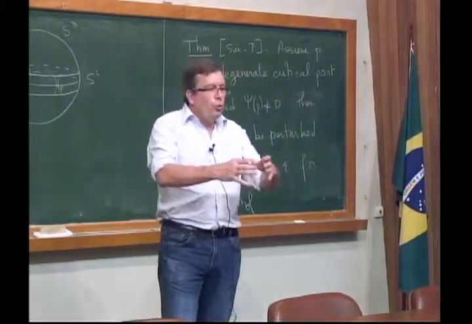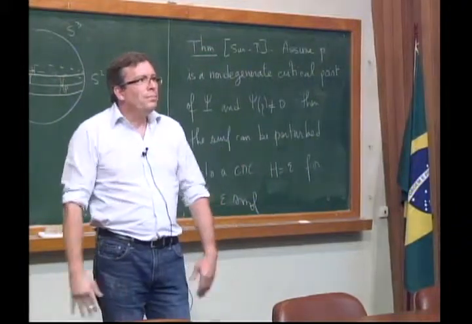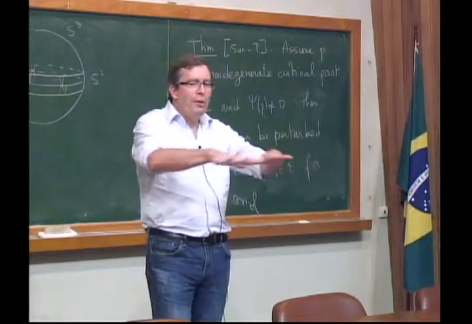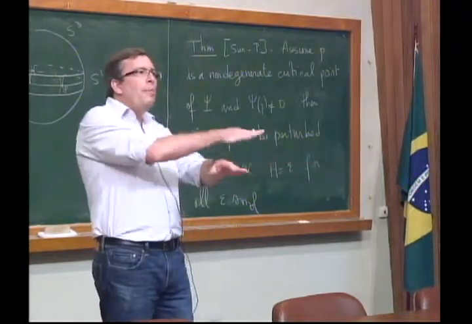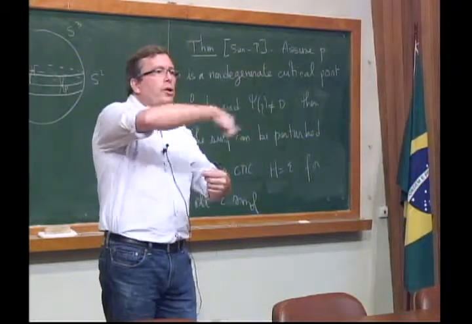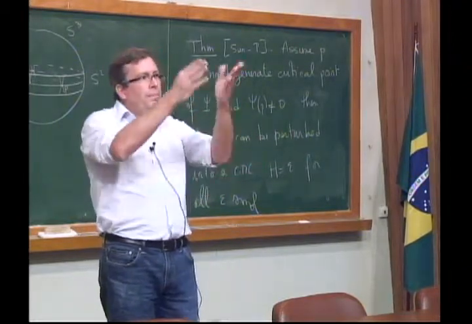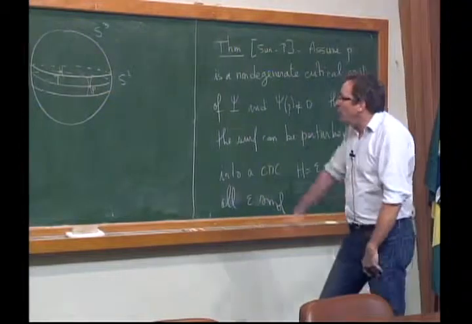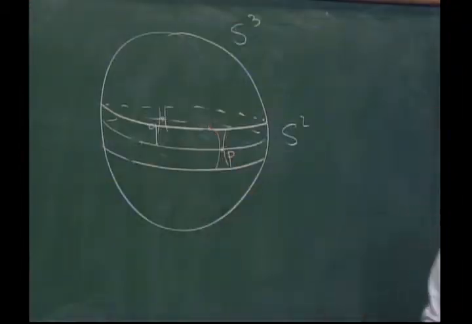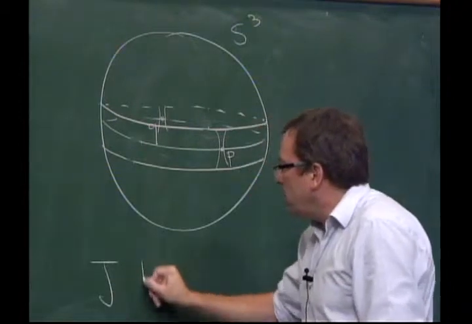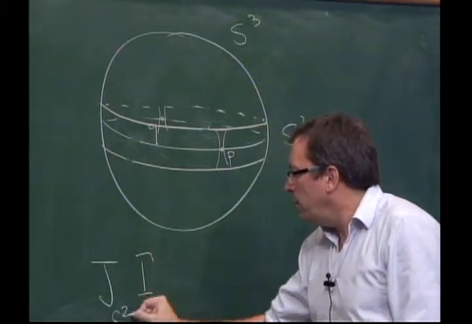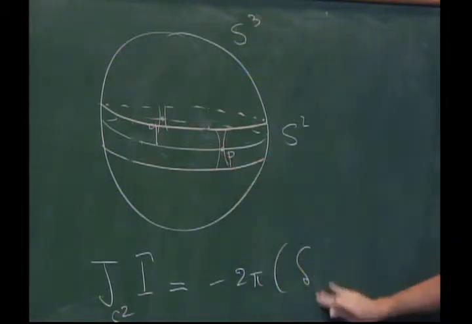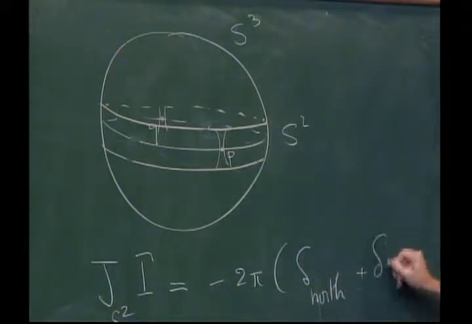You do the construction. Imagine that S2 is the plane with the metric of S2, and then you can do it rotationally. Here you can try to do it also, and the idea is that you can solve this equation with minus 2 pi the Dirac mass at the point P, let's say this is the North Pole, plus a Dirac mass at the South Pole.